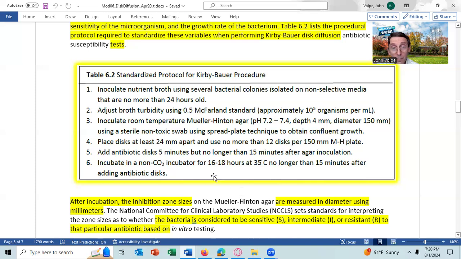If you incubate the plates for greater than 16 to 18 hours, you'll get a different zone of inhibition size, as well as if you incubate the plates at a different temperature. Let me see if I can remember this.